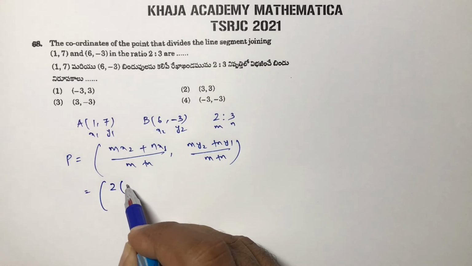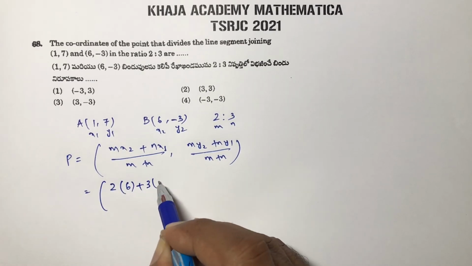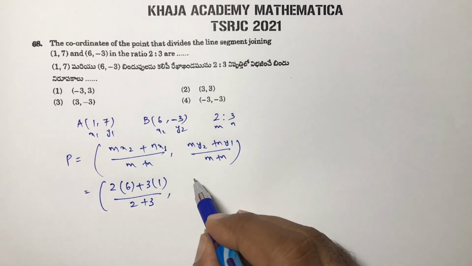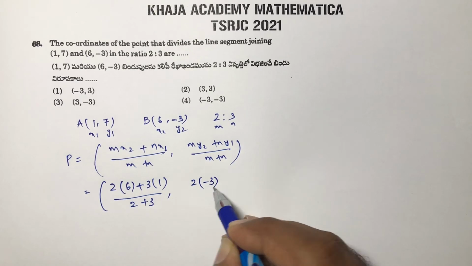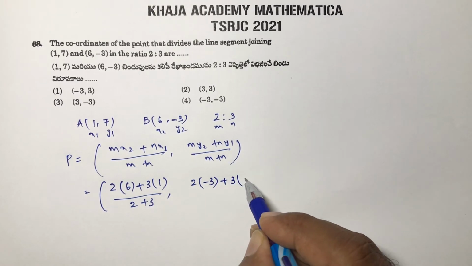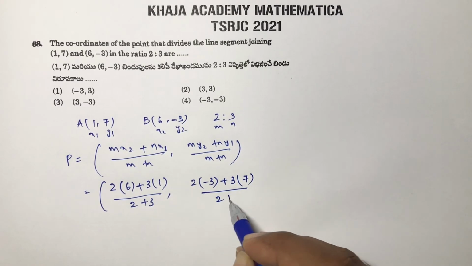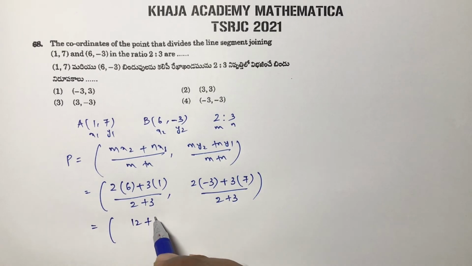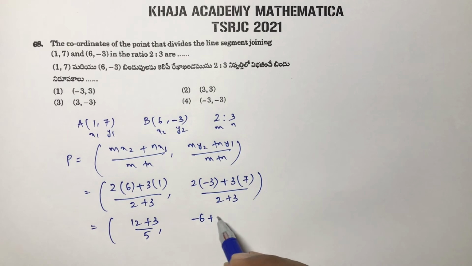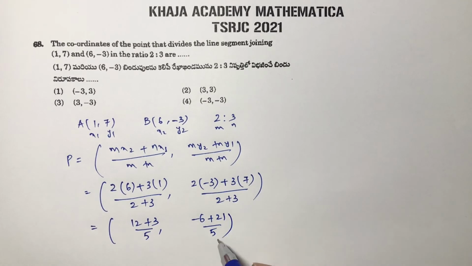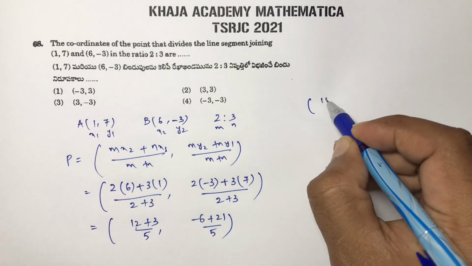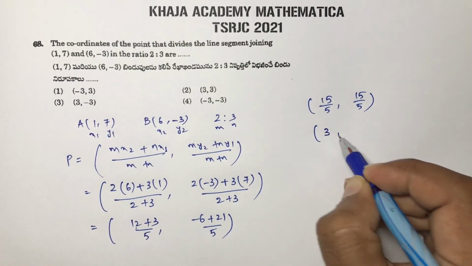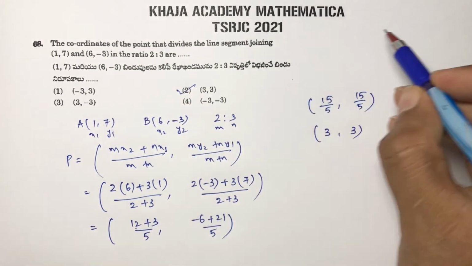So 2 times x2, which is 6, plus 3 times x1, which is 1, by 2 plus 3; 2 times y2, which is minus 3, plus 3 times y1, which is 7, by 2 plus 3. So 2 times 6 is 12 plus 3 by 5, minus 6 plus 21 by 5. 12 plus 3 is 15 by 5. 21 minus 6 is also 15 by 5. So 3 comma 3. So the correct option is 2.